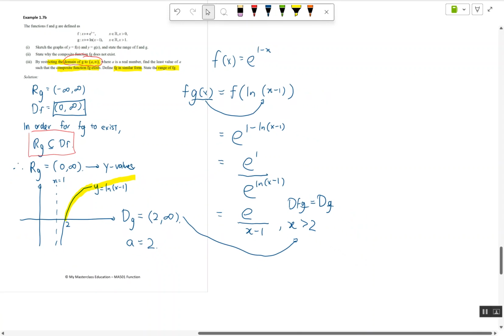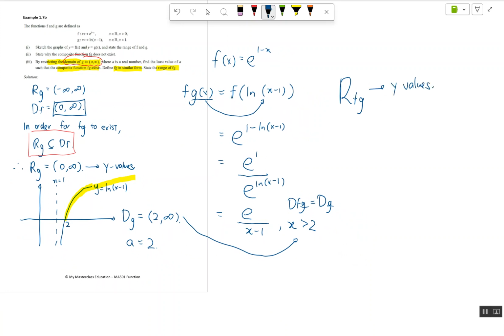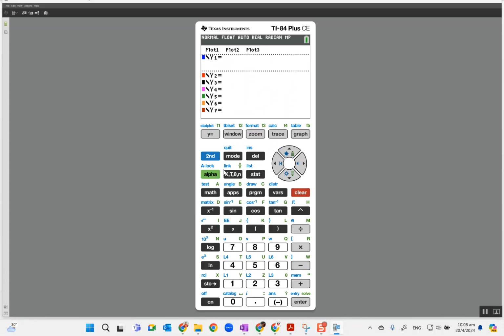To find the range of fg, we are talking about the y values of fg. All you need to do is to key this into the GC. I make it a fraction first. On top is e, so I put in the second function, ln e to the power of 1 over x minus 1.